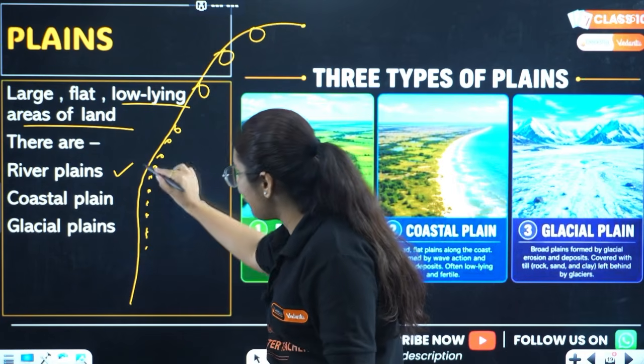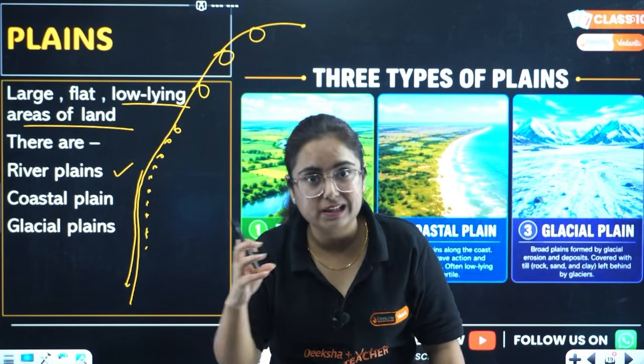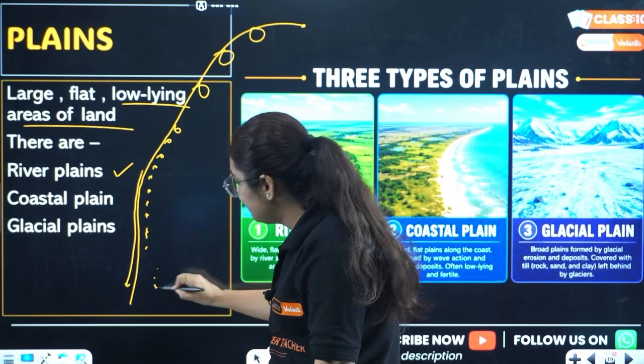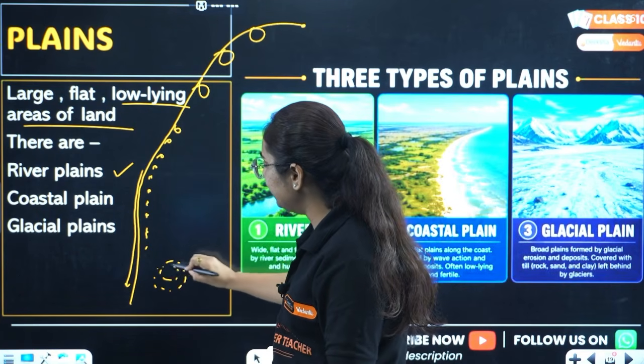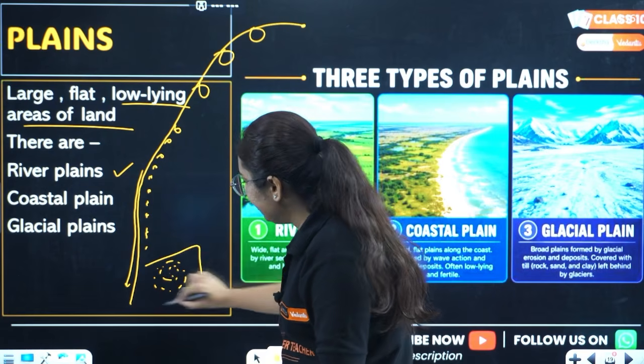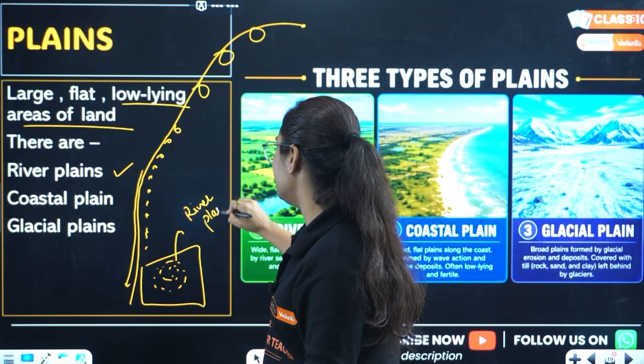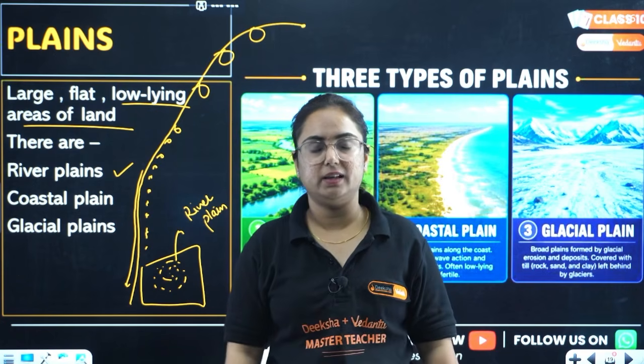But when the capacity of the river to hold these rocks reduces, they get deposited. When it gets deposited, an area is formed that is known as a river plain. I hope that's pretty clear to you.